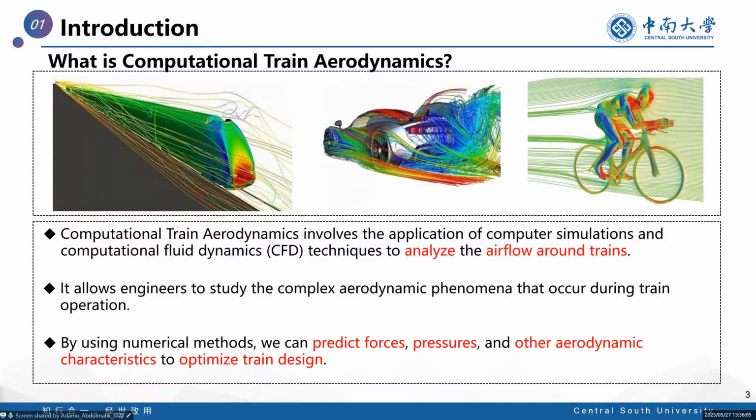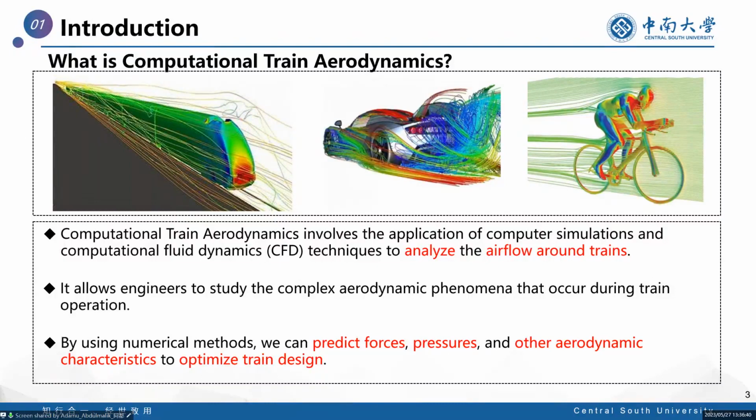By using numerical methods, we can predict the aerodynamic forces, which include the drag force, the lift force, and the side force. We can also analyze the pressure impact of air on the train or on the environmental buildings or other structures, and other aerodynamic characteristics to optimize the train design.